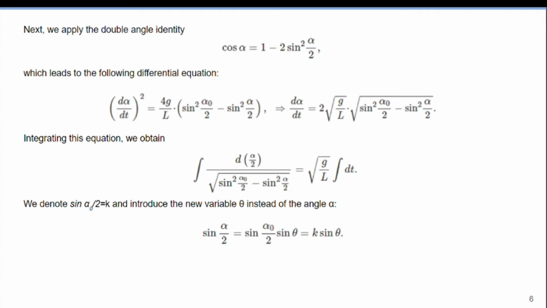We denote sine alpha 0 over 2 equals k and introduce the new variable theta instead of the angle alpha.